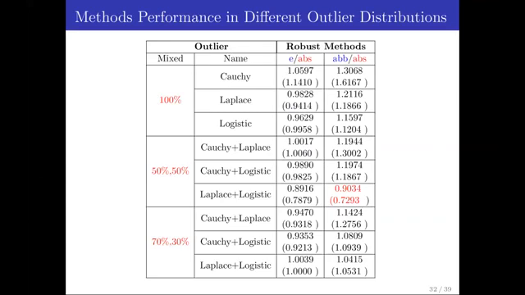So based on this table, we think that if you have contaminated data sets, it's better for you to use the method ABS, since generally it's hard for you to get a perfect fixed threshold variable C. So if you know nothing about that variable, it's better for you to just apply the ABS method directly to your data set.